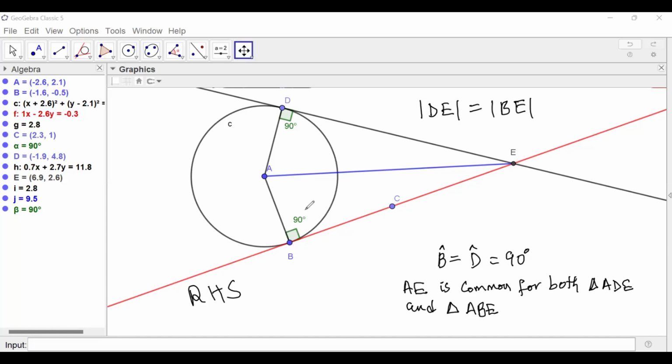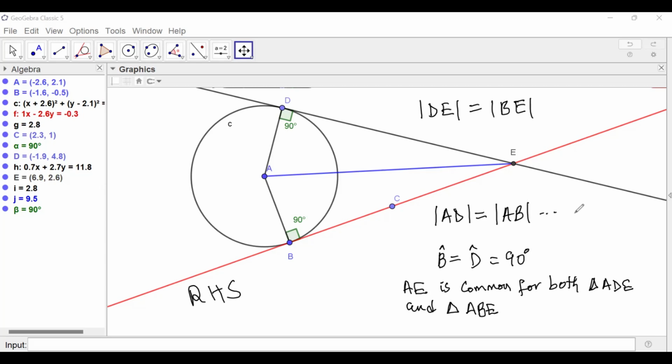Now let's look at another thing. In triangle ADE, AD is the radius. So here we can say that the length of AD is the same as the length of AB.